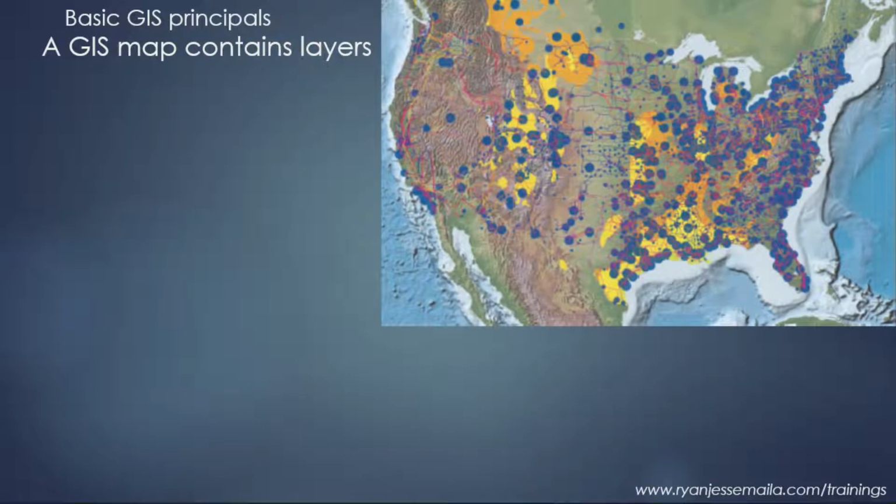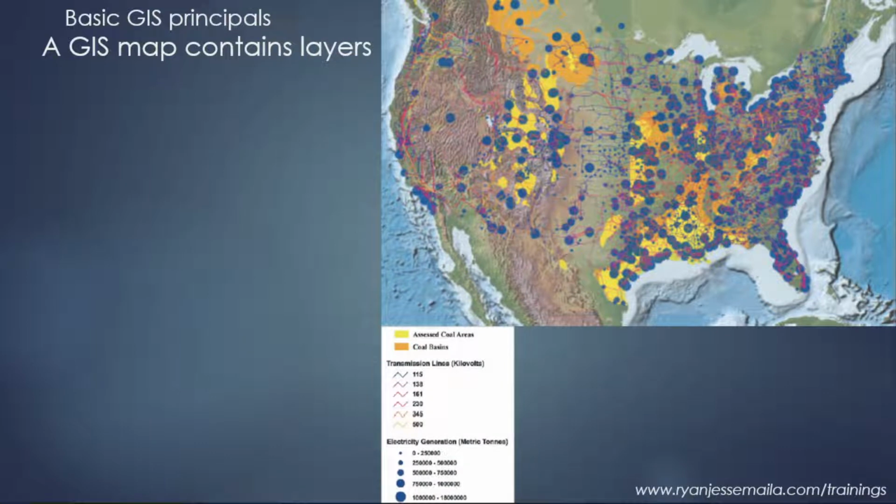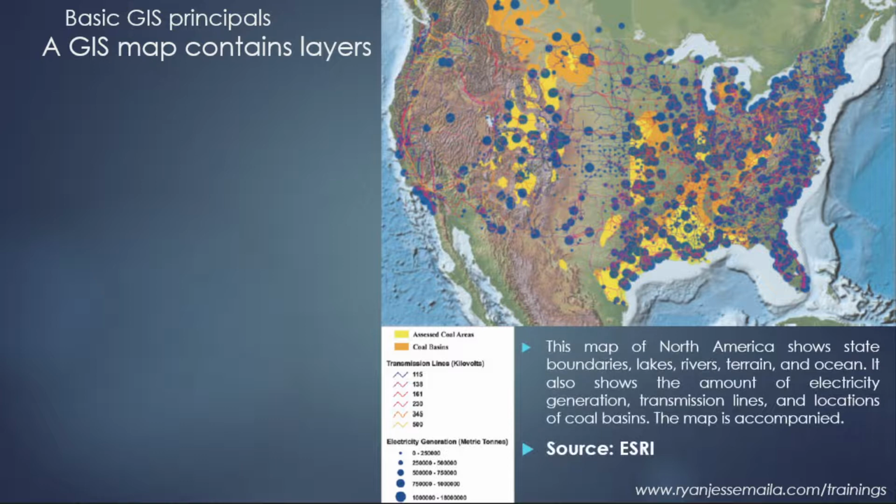So we look at one of the basic principles, which is that a GIS map contains layers. And as you can see, there is a map there with a legend. And this map of North America shows state boundaries, lakes, rivers, terrains.